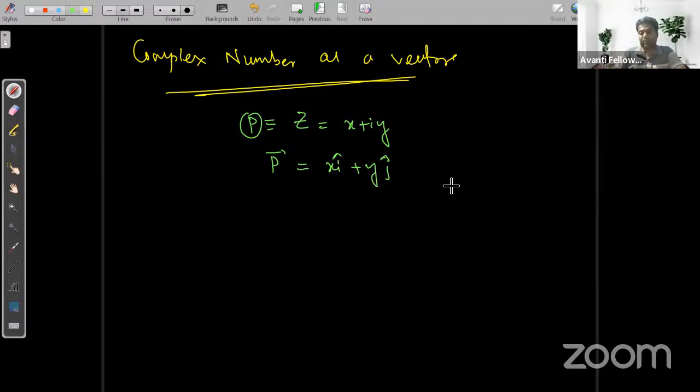If you draw the figure, suppose this is my Argand plane and this point is my P, whose coordinates are x, y.